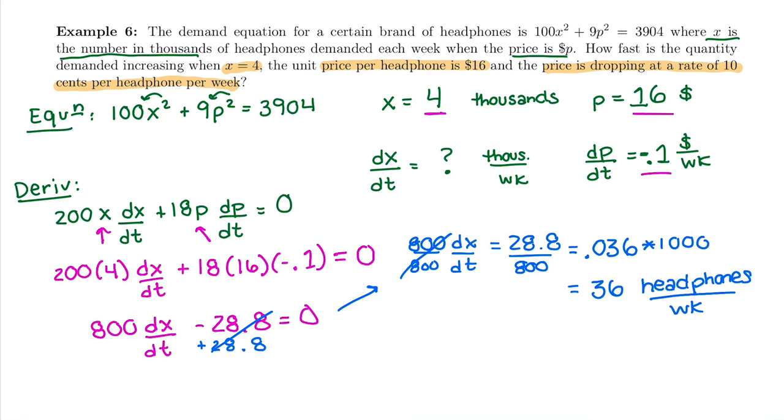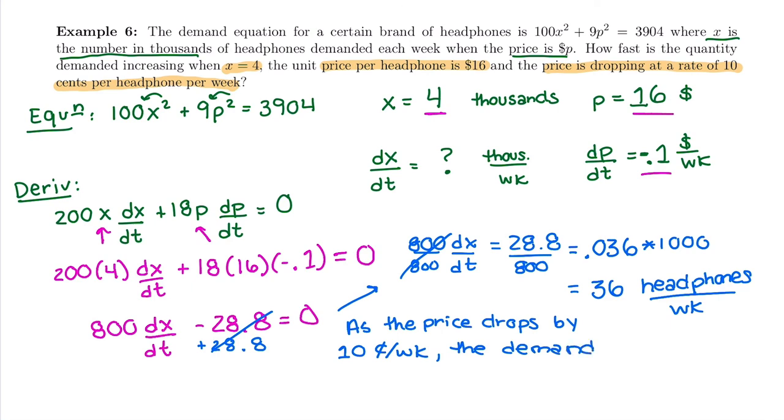So last little piece, we can write our interpretation. We're going to say first what's happening with the derivative we were given. So as the price drops or decreases, whatever you prefer, as the price drops by 10 cents per week, the demand, what we just found, does what?